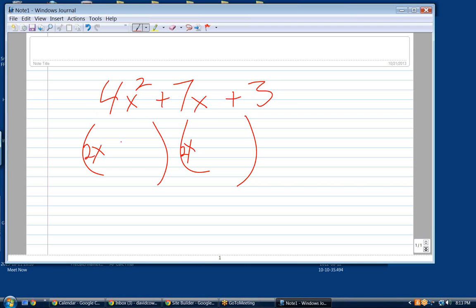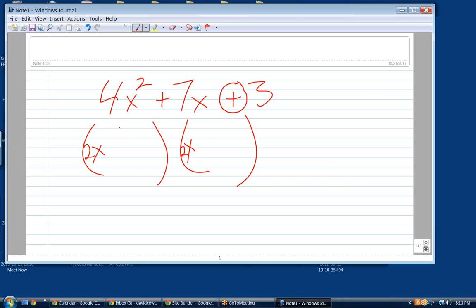But let's try 2x. What I tell most of my students is always use the factors that are closest together in your first trial. So if my choices are 4 and 1 or 2 and 2, I'm going to try 2 and 2.